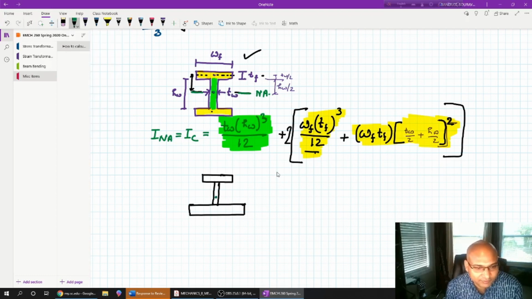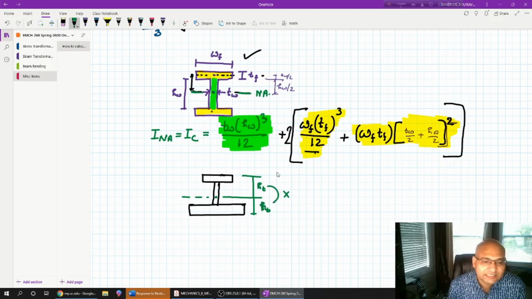It is not dividing the section half and half. The distances from the top and to the bottom are not the same. So this height h, let's say ht and hb, they are not equal. That means you have to find this center of area.